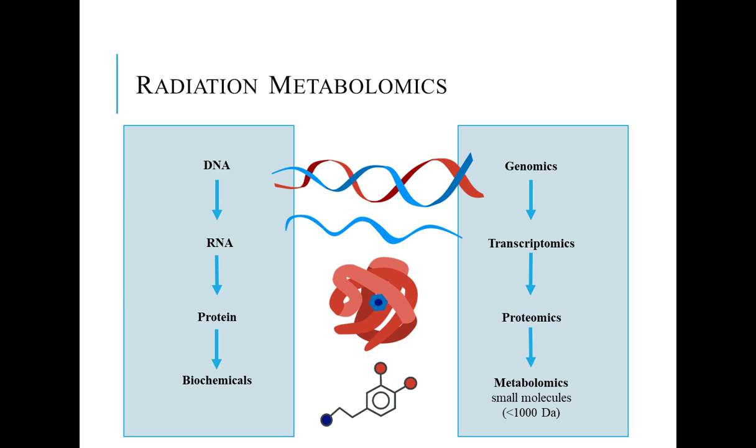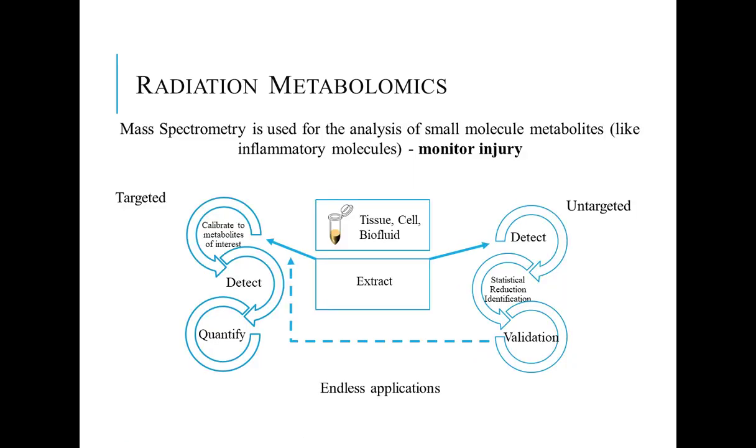So mass spectrometry metabolomics is utilized via two main approaches, which are targeted versus untargeted approaches. And again, it's useful for monitoring the injury that occurs in these oligodendrocyte cells. So in an untargeted technique, you take your tissue or cell in this case, and then you're going to detect all of the metabolites that are there.